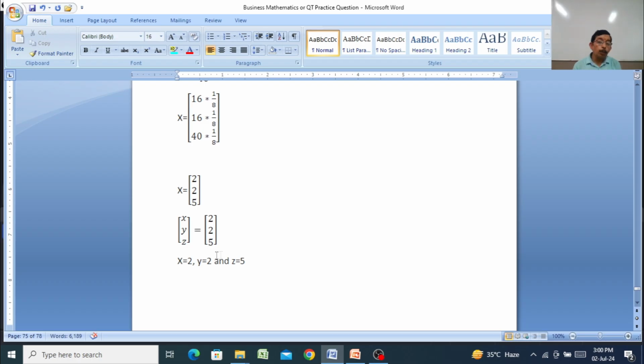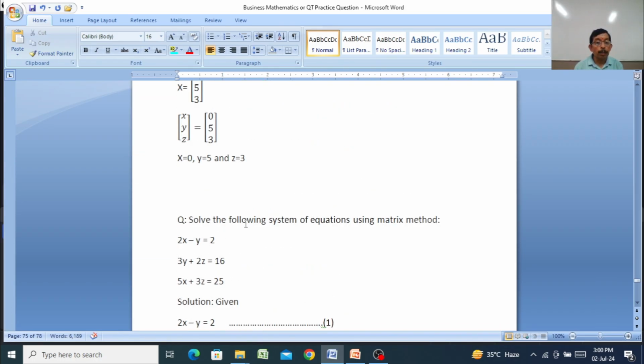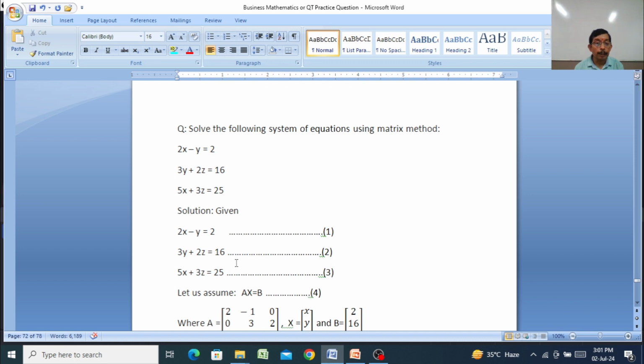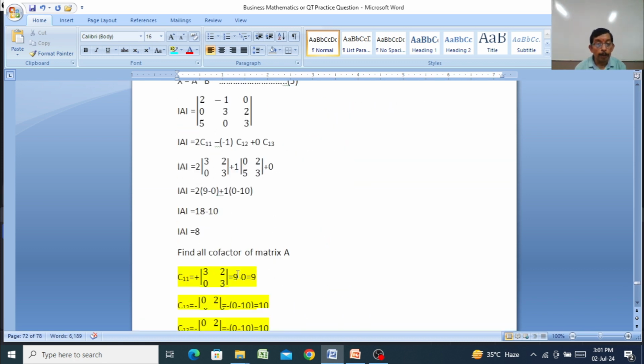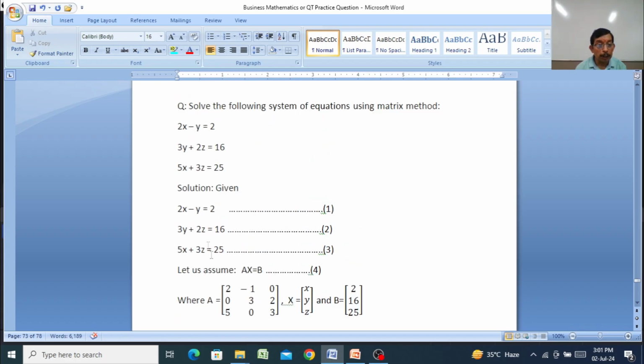Now put these values in any equation given in the question. If it satisfies the equation, it means left hand side equals right hand side, then the answer is right, otherwise the answer is not right. The value of x equal to 2, y equal to 2, z equal to 5 put in the first equation.